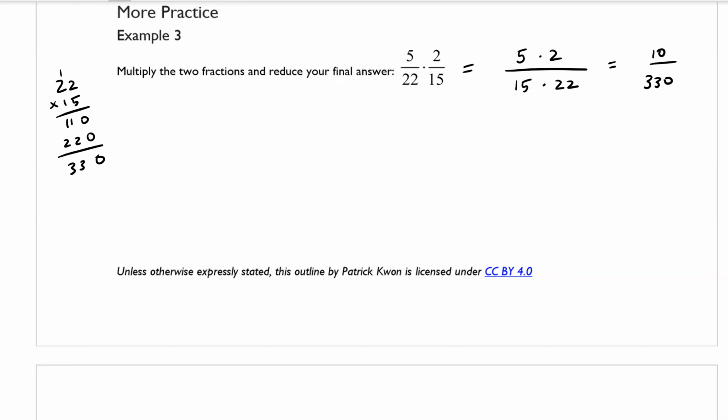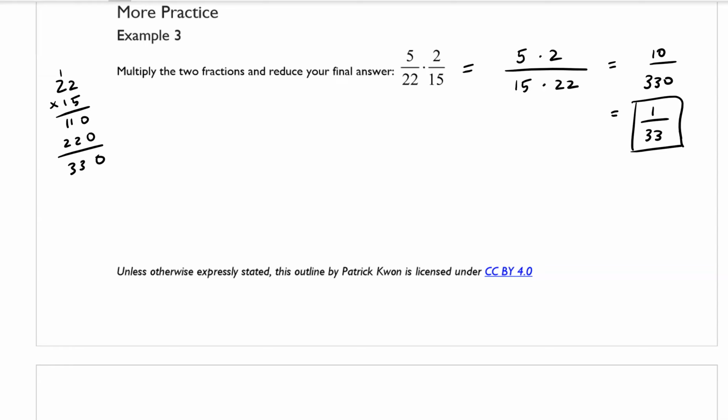Now, 10 over 330 is not a simplified or reduced fraction. Notice both of these numbers are divisible by 10. And so if I divide them both by 10, then my final answer should be 1 over 33, and that will be in the reduced form.